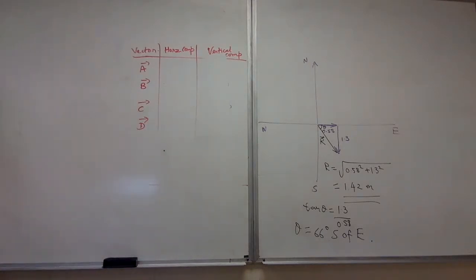All right, let's say you got 20 meters east, 30 meters at 60 degrees west of north, so 40 meters at 20 degrees east of south, and 10 meters west. Go ahead and find the resultant of all these.